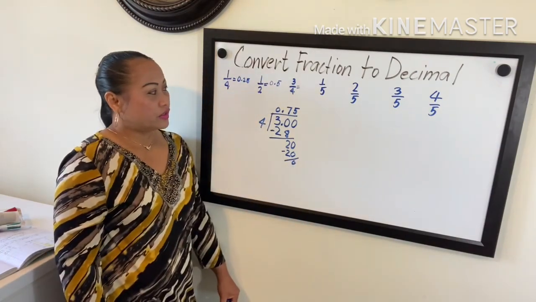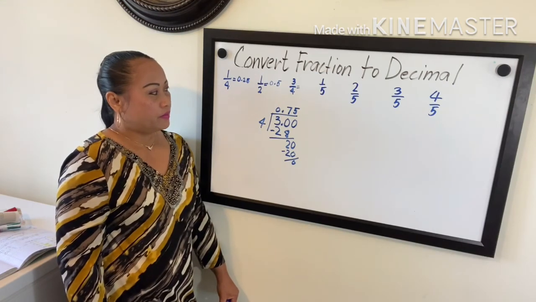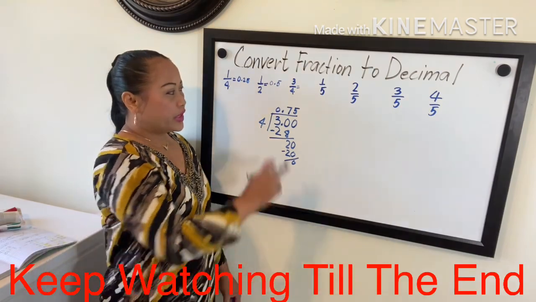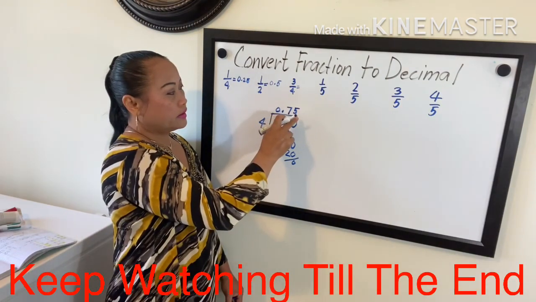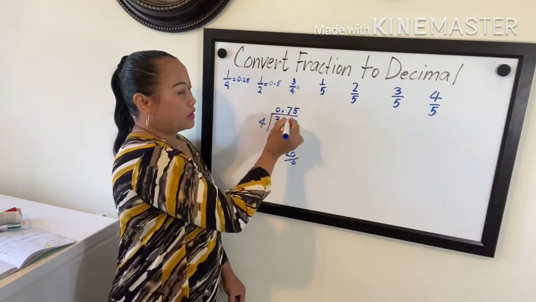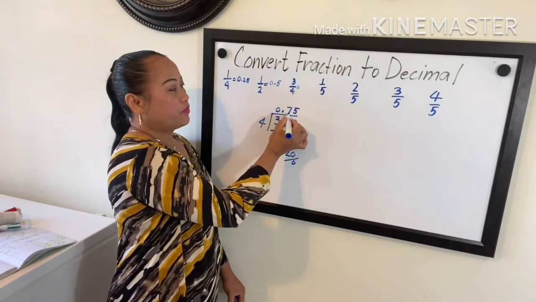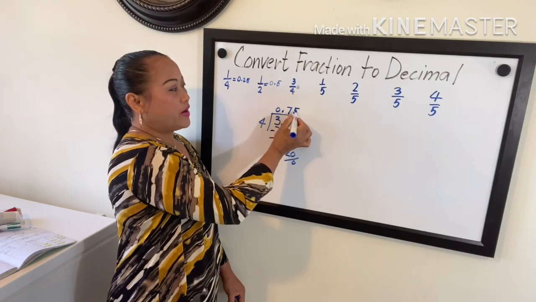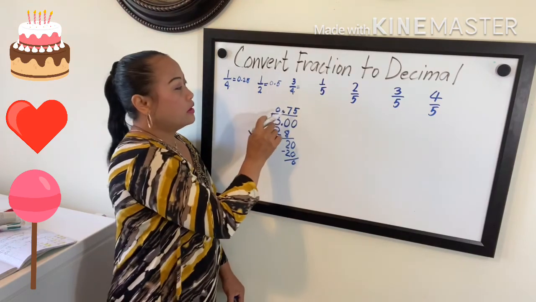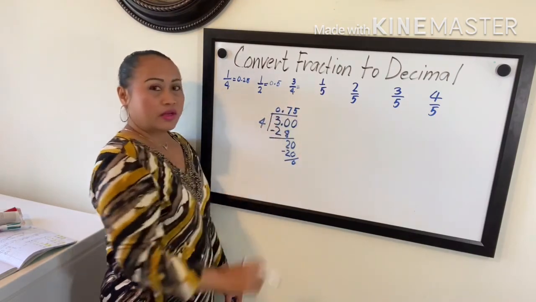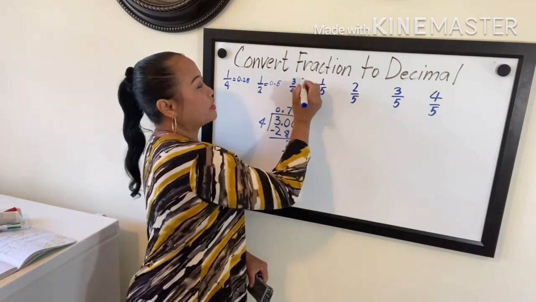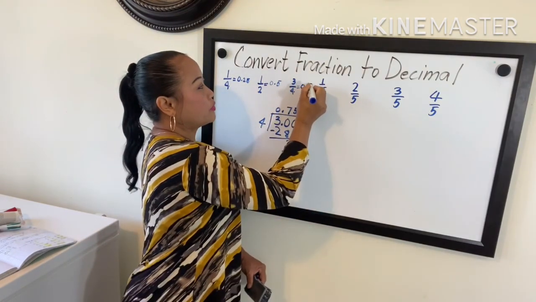So our answer is 0.75. And then we can read this as 75 hundredths. The place value of 7 is tenths, and then 5 is hundredths. So we can read this decimal as 75 hundredths. Okay? So 0.75.